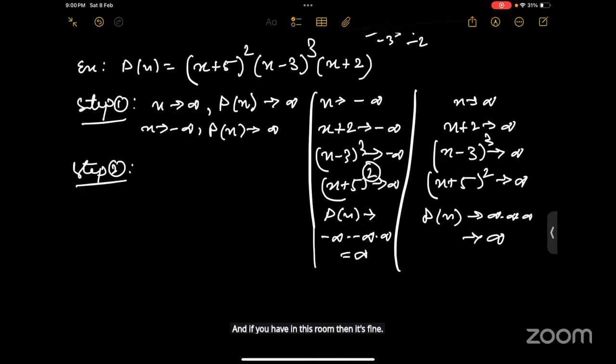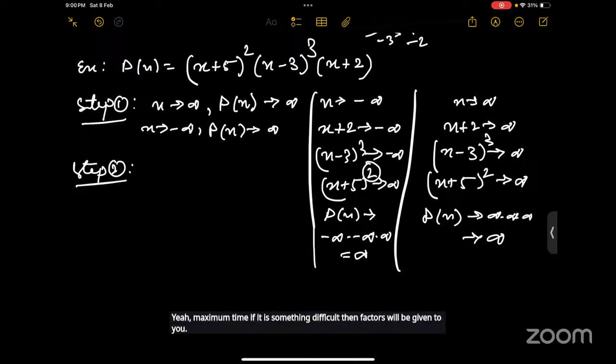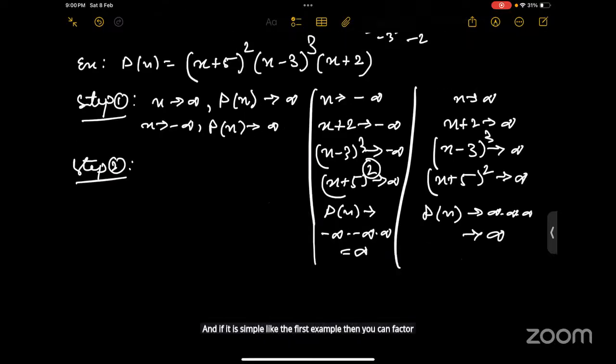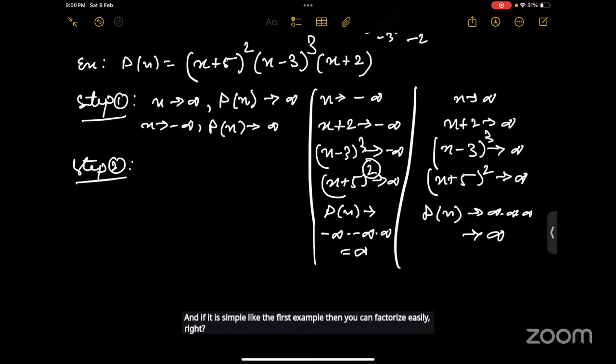So for our syllabus, for this particular case, factors will be given to us. Most of the time, if it is something difficult, then factors will be given to you. And if it is simple, like the first example, then you can factorize it easily, right? Yes, that's okay, madam.